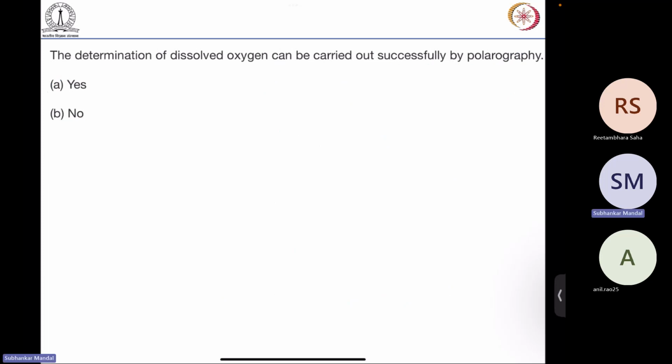The determination of dissolved oxygen can be carried out successfully by polarography. Yes or no? How much dissolved oxygen is there can be measured by polarography.